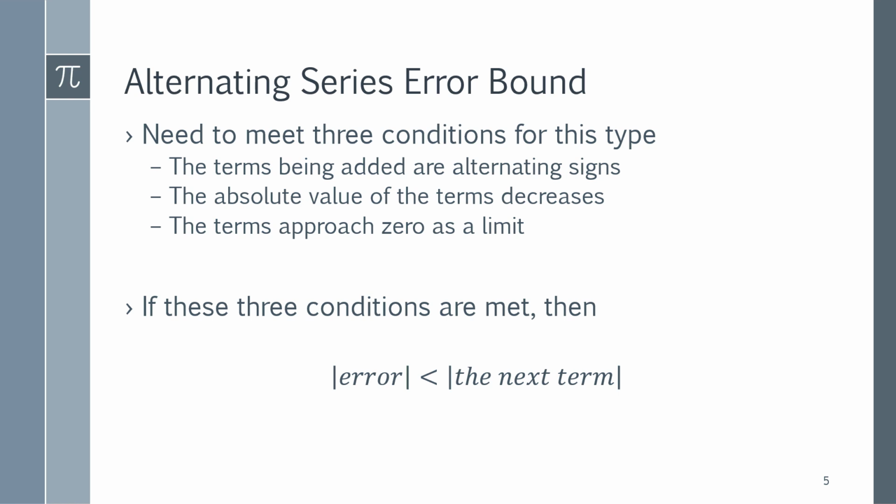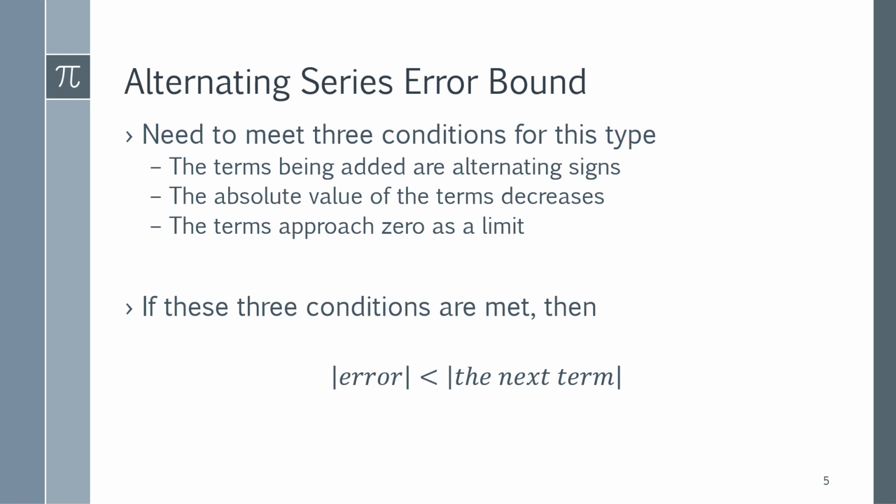So alternating series are series where the terms that are being added together are alternating signs, so plus, minus, plus, minus, plus, minus. The terms have to have alternating signs. Then, if we look at the absolute values of those individual terms, those terms need to decrease as we go towards an infinite number of terms, and they have to approach zero.